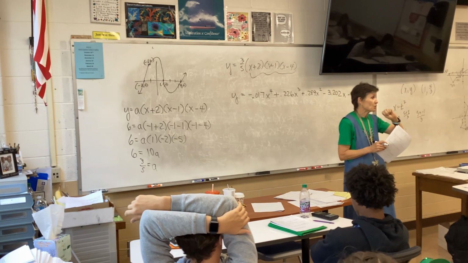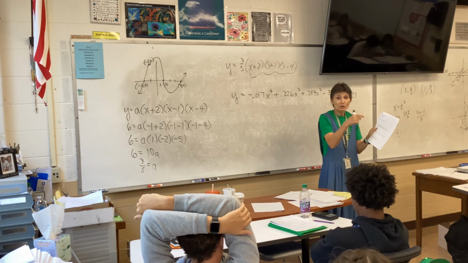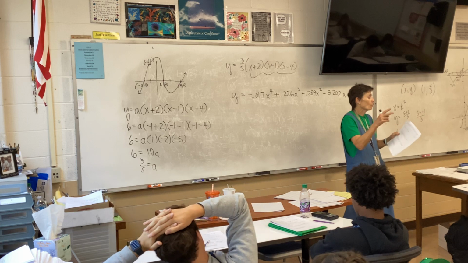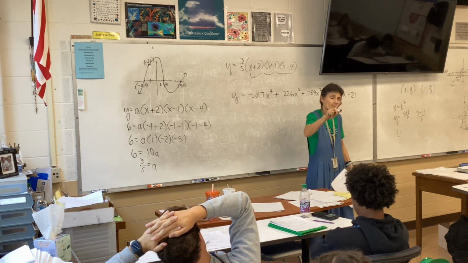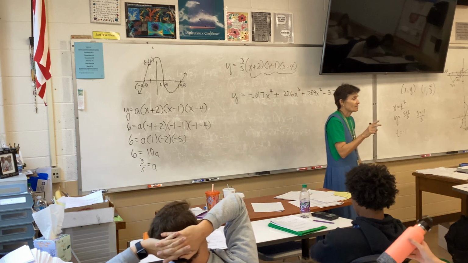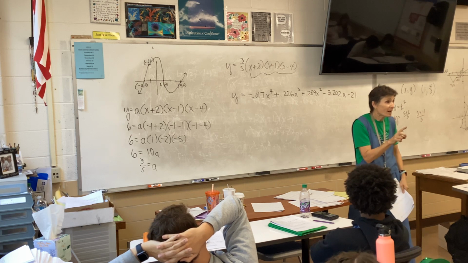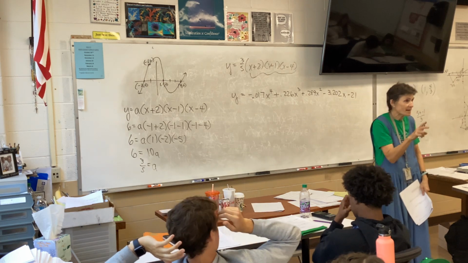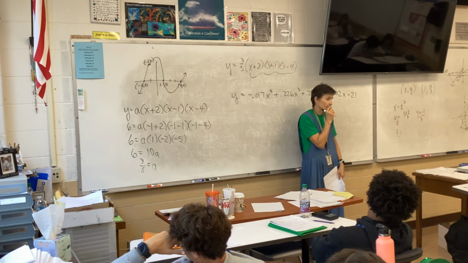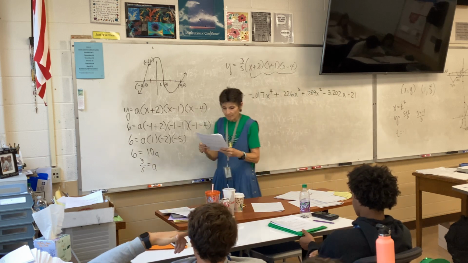If we were doing a cubic regression, we would have to have at least 4 points. We could do a cubic regression on this because it's 4 or more. And that goes back to something you already know. How many points does it take to make a line? 2. What's the degree of a line? 1. It always takes at least one more point than the regression you're doing. Okay?